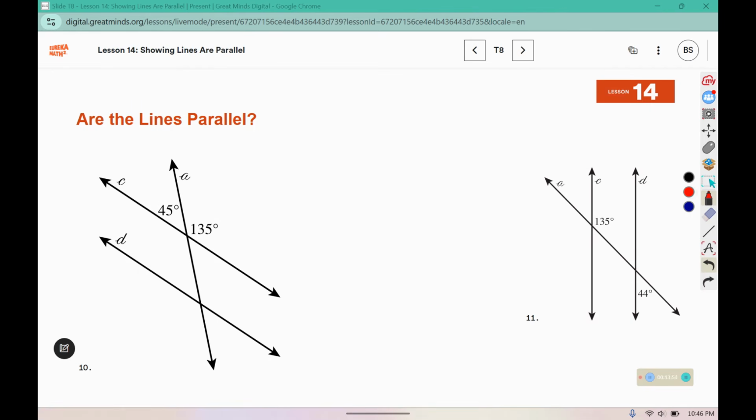Here for number 10, we know this is 135, so this would be a vertical angle. 45 would go here, but we don't have any information about these down here.